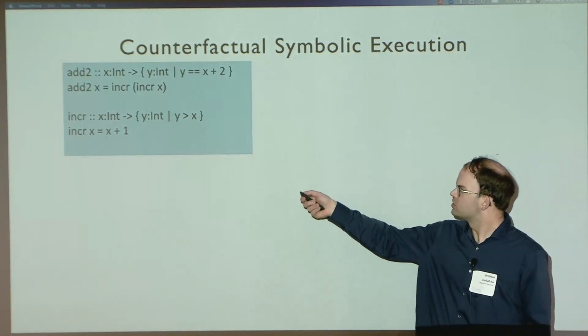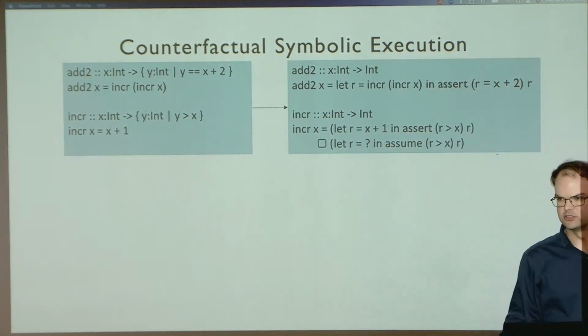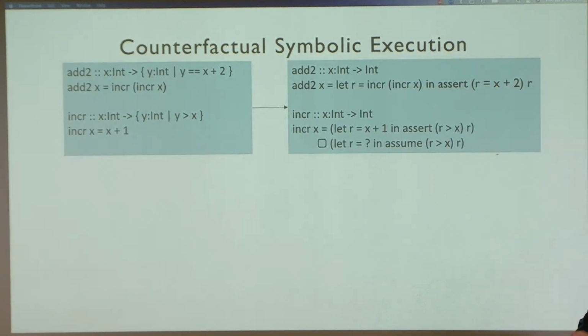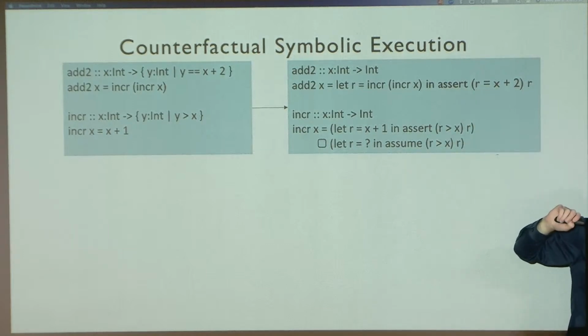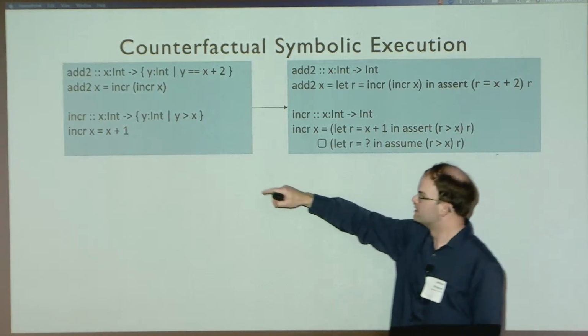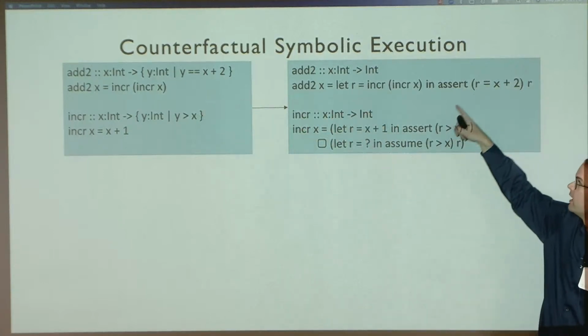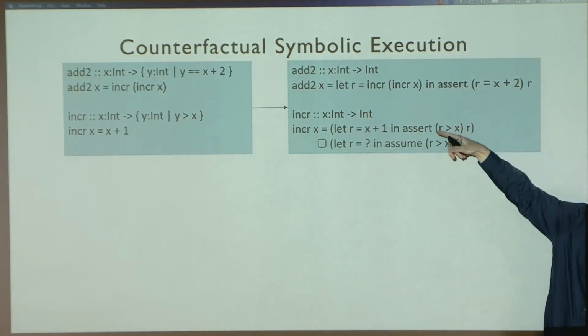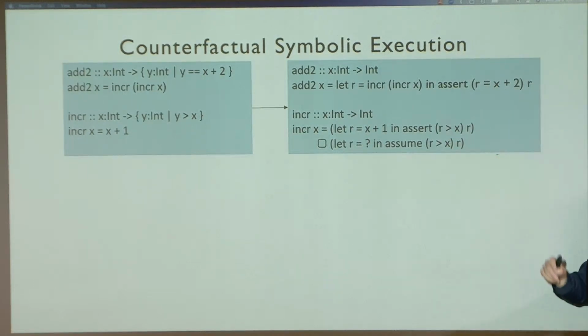Here's my add2 anchor example from before. And here's the instrumented version of the code. For add2, nothing that interesting has happened. I've taken the definition of add2, stuck it in a variable, and then I have an assertion that corresponds to the specification, and then I'm returning whatever add2 returns.